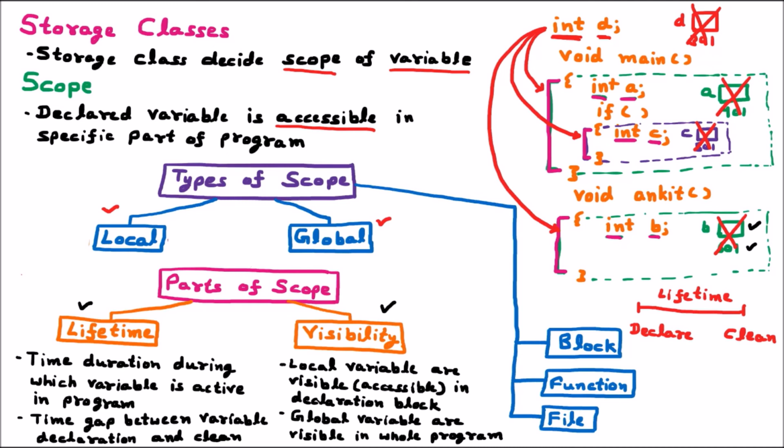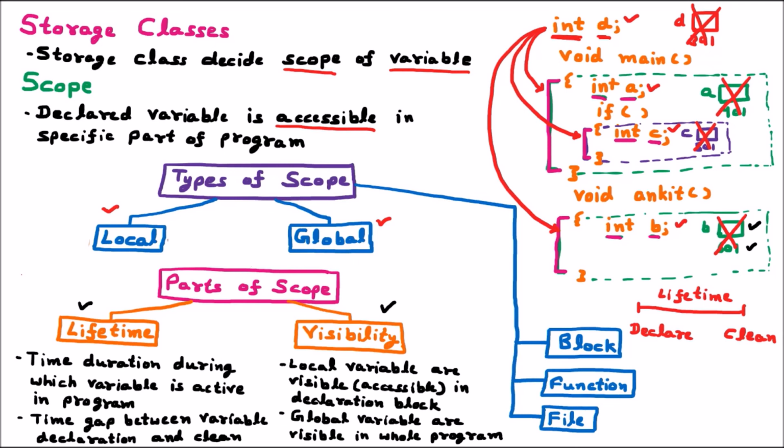Local scope covers the local or internal variables, which are accessible inside the boundary only, just like int A, int C and int B. Then the global scope covers the global or external variables, just like int D, which is accessible throughout the program.